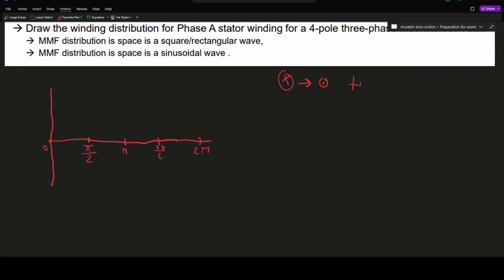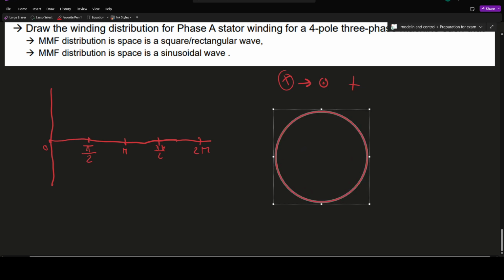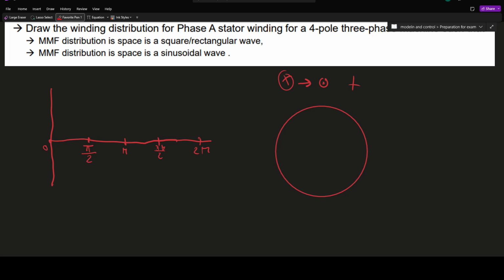Let me draw a circle here so we can think about where we're going to have the coils. So we need one coil here.